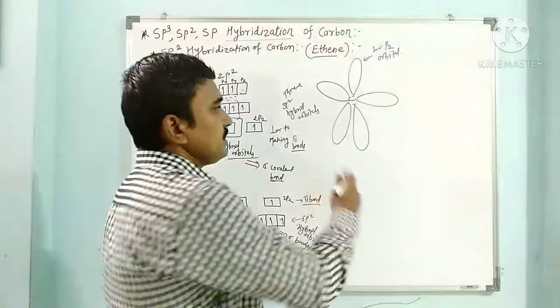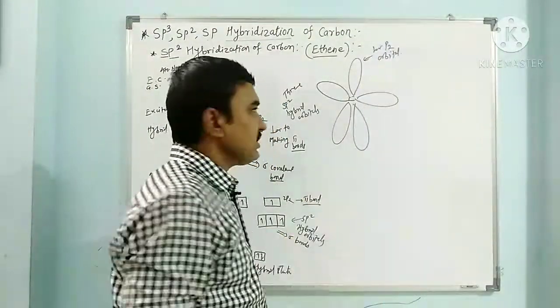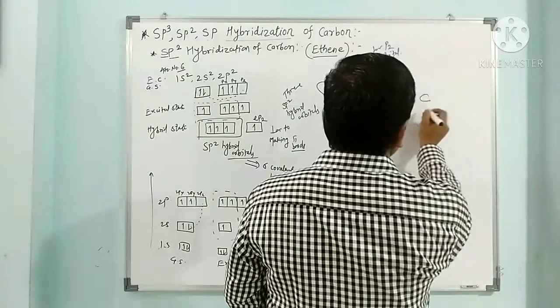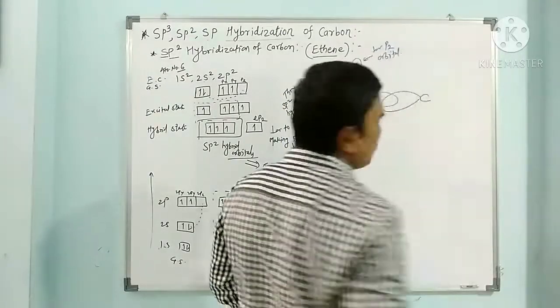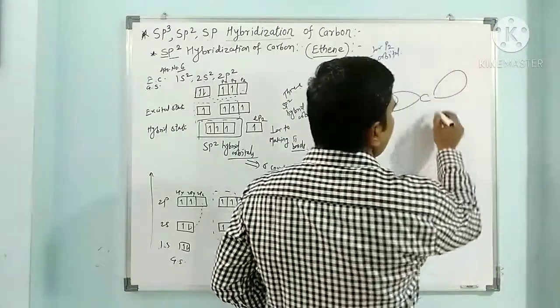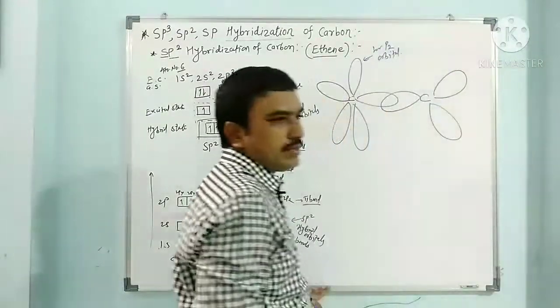Here, when there are two carbons in the case of ethylene, this carbon has one sp2 hybrid orbital, a second sp2 hybrid orbital, and a third sp2 hybrid orbital.